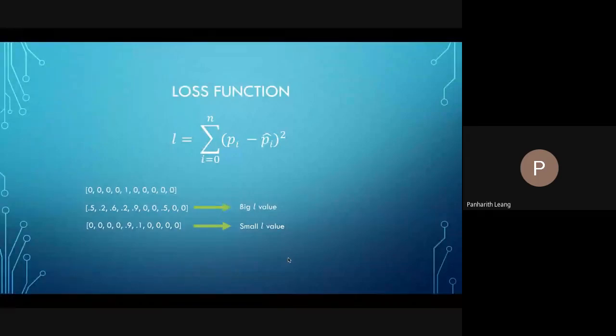This type of mathematical equation is called a loss function. So take into consideration this formula, where p_i is the ground truth, what the number truly represents, and p_i with the hat is whatever the model predicts.